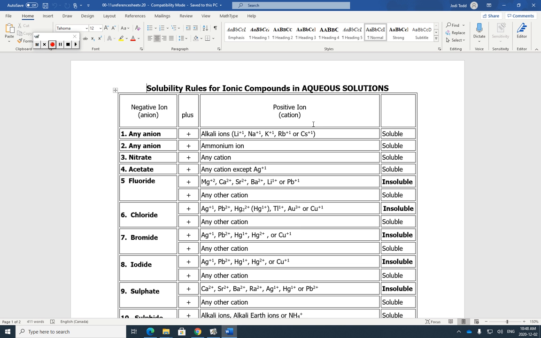That's something you made yesterday, right? Is Mg here? Ag, Pb, Hg, Tl, Au, Cu? No. So then you go to the next row, any other cation. What that means is anything else that's positive, and then you can take a look at what it is. If it's insoluble, you put an S. If it's soluble, you put AQ. Okay?